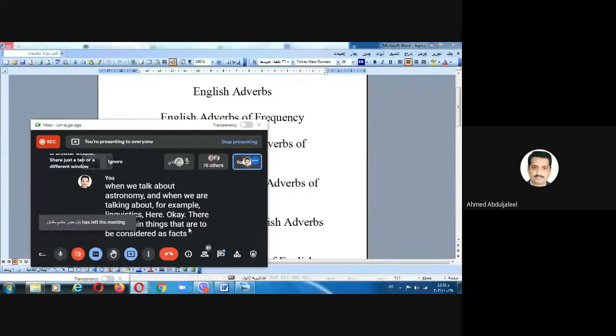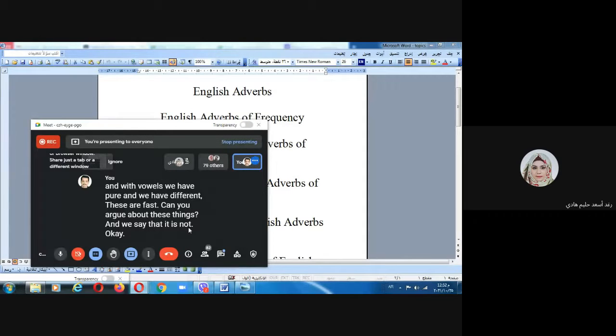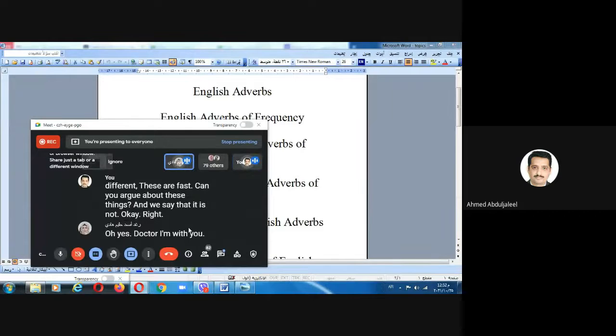When we talk about English sounds, when I'm saying that we have consonants and vowels, these are facts. They are not opinions. When we are talking about sounds, we have consonants and we have vowels. With the consonants, we have voiceless and voiced. And with vowels, we have pure vowels and diphthongs. These are facts. Can you argue about these things? Can we say that it is not? Right. Yes, Doctor, I'm with you. So they are facts. They are fixed.